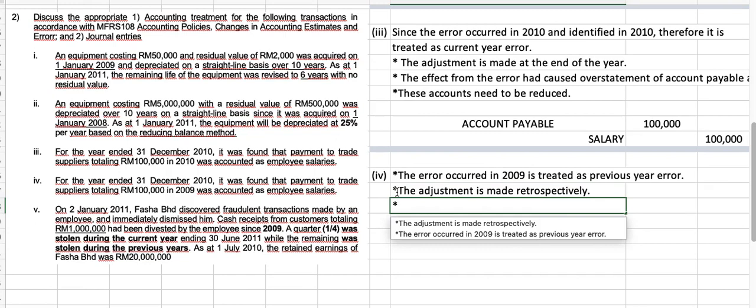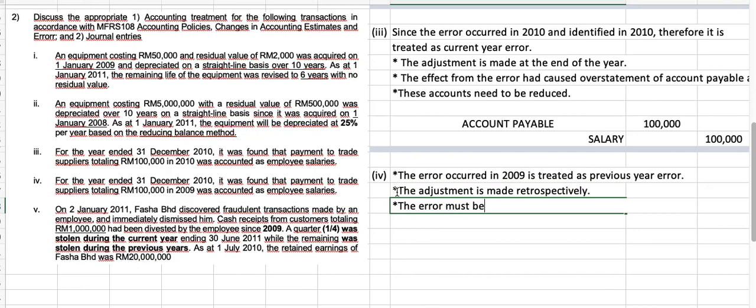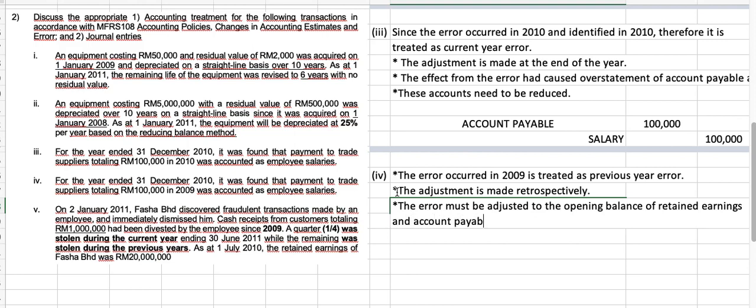It means that the error must be adjusted to the opening balance of retained earnings and account payable. Can you see that? So the journal entry.